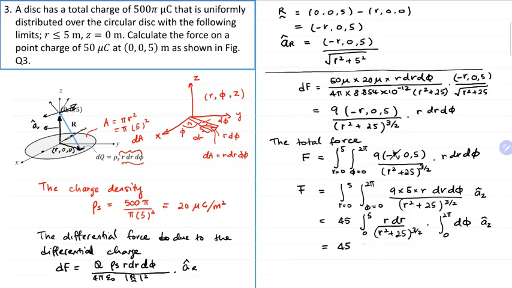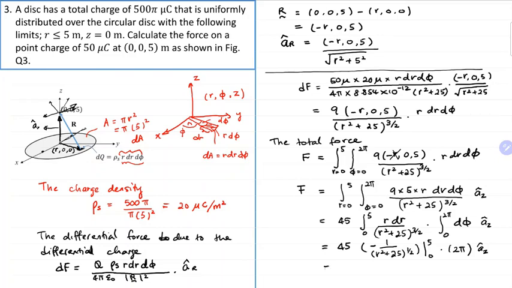This will give us minus 1 over (r squared plus 25) to the 1 over 2, over the limits 0 to 5, and this integral here simply gives us 2 pi. And then don't forget our unit vector z, just to show that it is in the z direction.